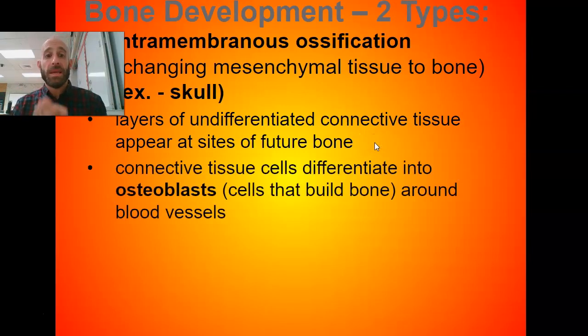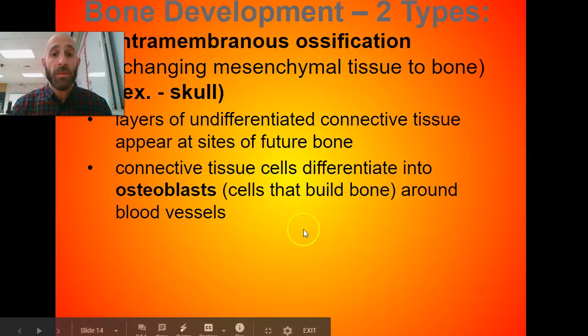What ends up happening is these connective tissues start to differentiate into cells called osteoblasts that we just talked about. Where are they going to show up? Where the blood vessels are. That's how they get there, right? They form around the blood vessels, and they start to build bone. They produce their matrix, and they start to encase themselves in this bony material.